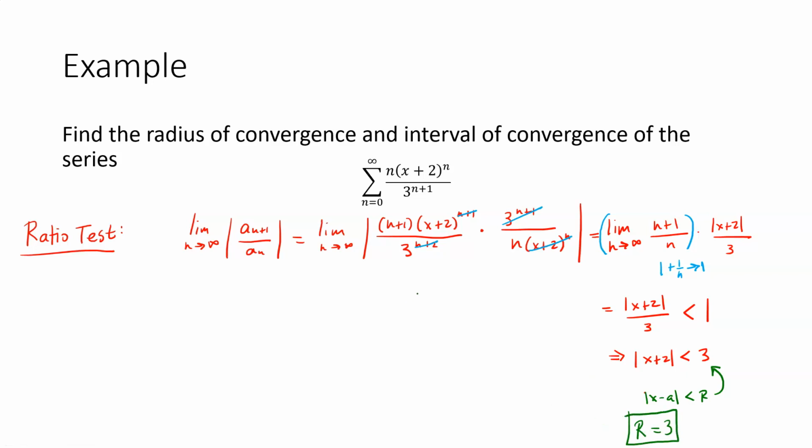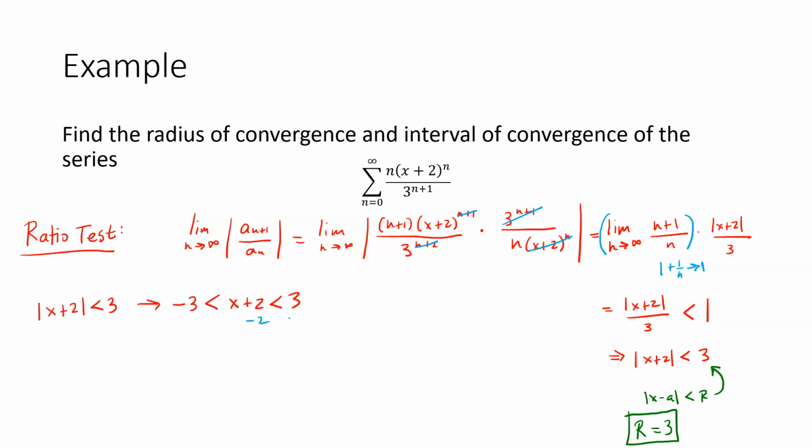Now let's test the endpoints to get the interval. So the interval will be all values of x satisfying this inequality. The absolute value of x plus 2 is less than 3. So we'll open that up. So it's negative 3 is less than x plus 2 is less than positive 3.